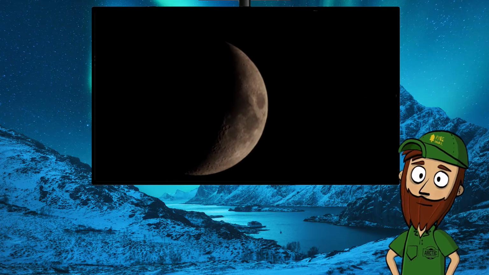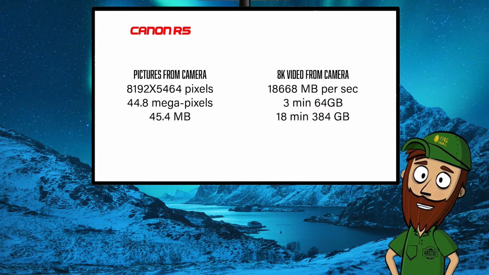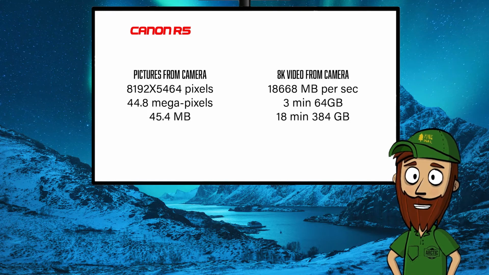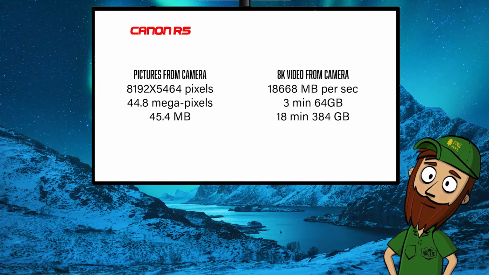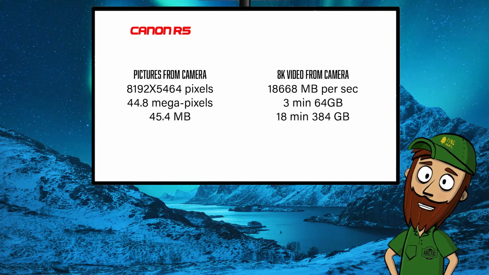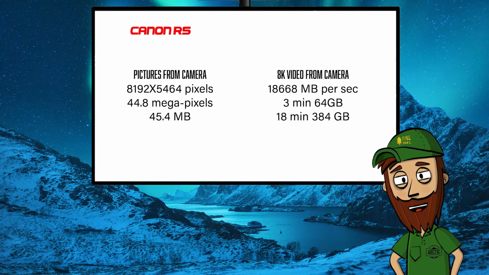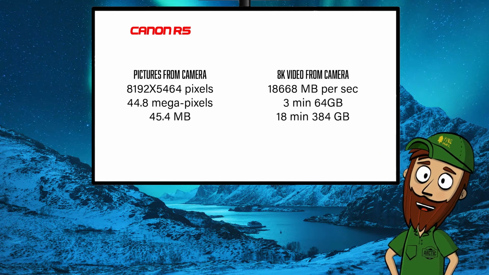I will explain. If we take one of my cameras as an example, it's the Canon R5, a professional camera. And if you look at these numbers, the resolution when I take images is quite high.